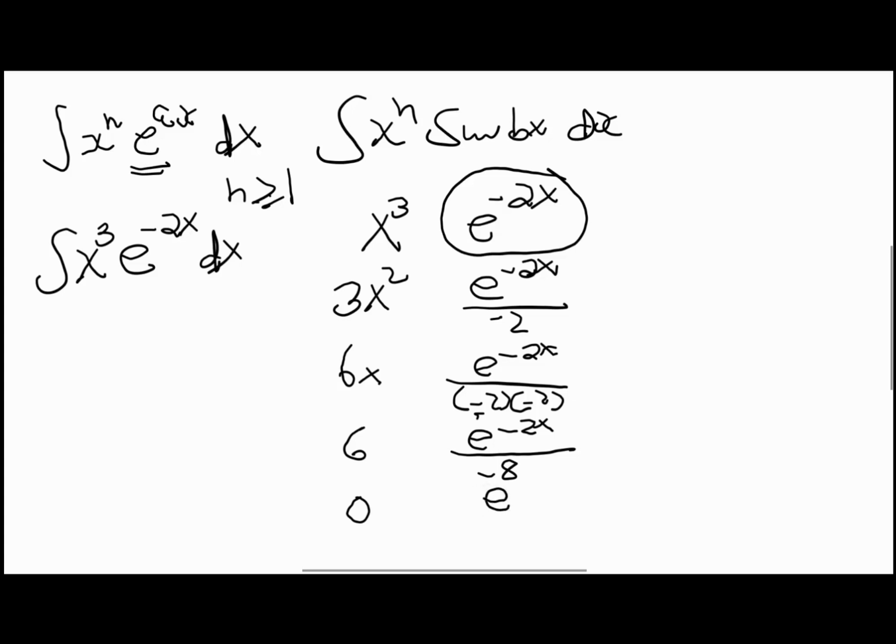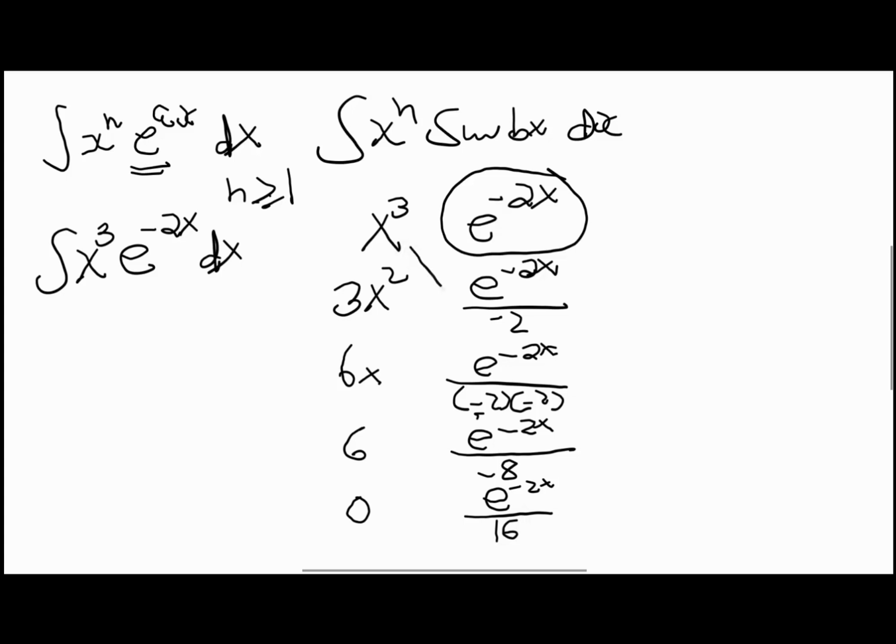So here we have e to the negative 2x, and another negative 2 will come in the denominator because of substitution. So negative 2 times negative 8 will become a 16.